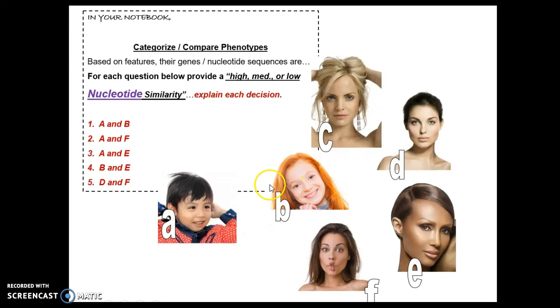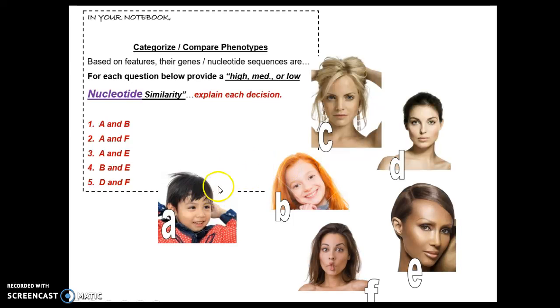So if we just went by skin color, hair color, and gender, I would say that these individuals have low genetic similarity. So for A and B, I would say A and B have low nucleotide similarity because their skin color is very different, their hair color is very different, and they have different genders.